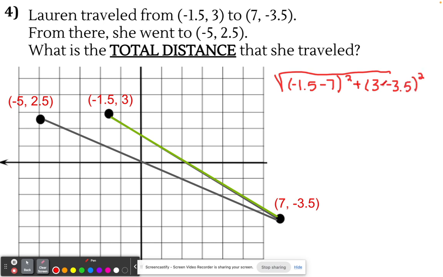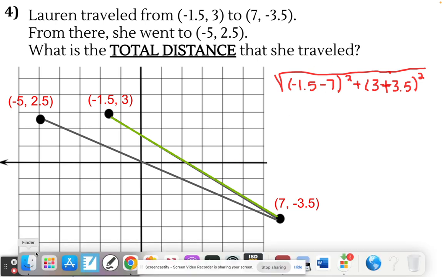I have that minus and negative, so that is going to become a plus. I'm going to extend my square root sign so it's all under there.